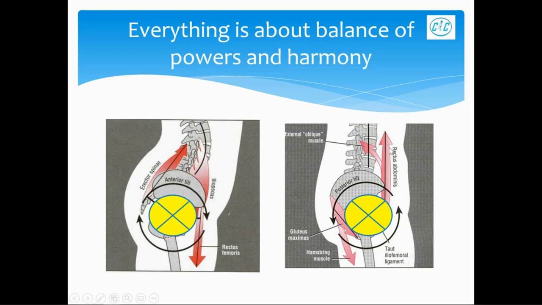So the balance of these muscles should be considered to work together. And if one is weak and the other is stronger or spastic or tight, then we as clinicians should be able to figure out which muscle is the problem and give the right treatment for the patient to balance out the lower back.